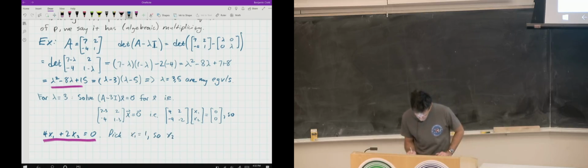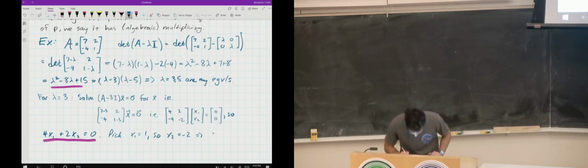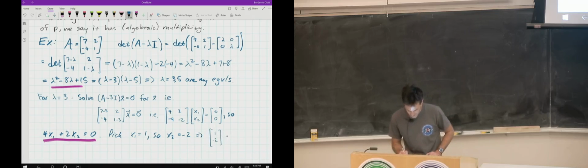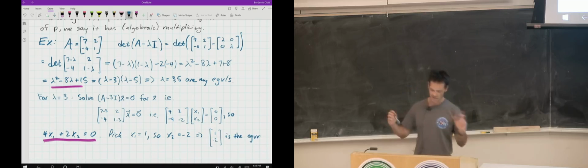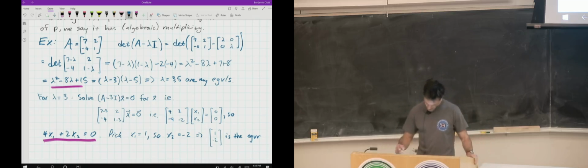So x2 is -2. So 1, -2 is the eigenvector. And again, I say the eigenvector, although that's not totally right, since there are many correct ways to write it.